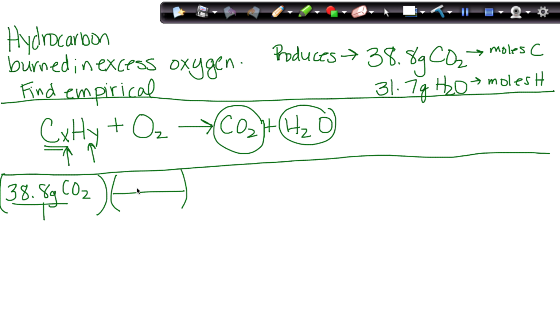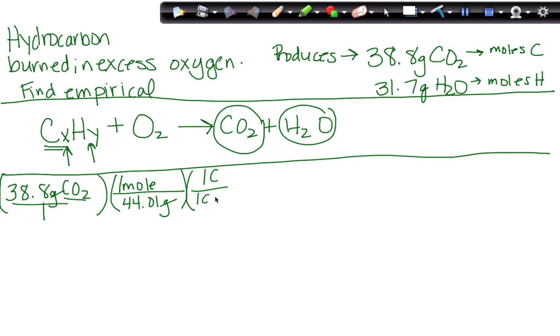In order to do that, remember we multiply by a fraction where the numerator and the denominator are equal to each other, but in different units. So I want to get to moles of CO2, and it's already in CO2, so 1 mole is 44.01 grams. Now grams cancel, and I'm in moles of CO2.